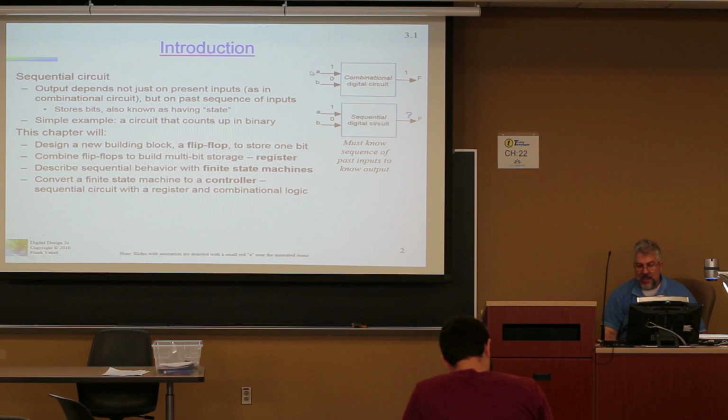The inputs A and B will always result in the same output, all the time, whatever your digital design is inside of that. But with sequential, when you put in the 1 and 0, you don't really know what the result might be, because you have to know what the history is. In other words, you must know the sequence of past inputs to know what the output is.